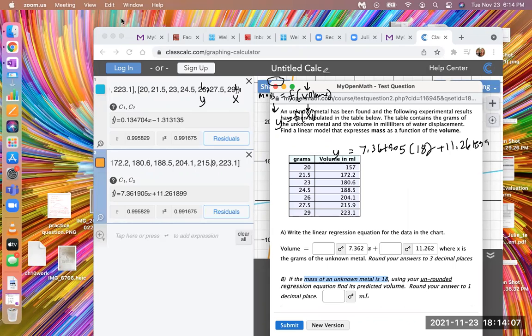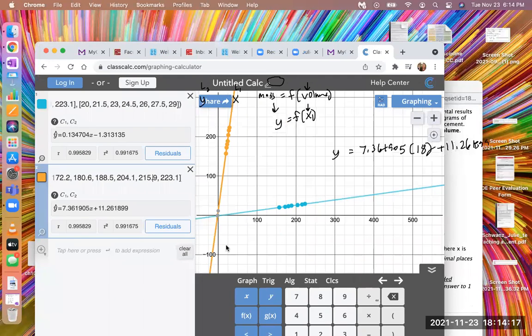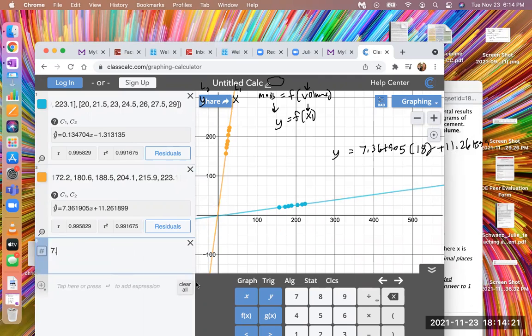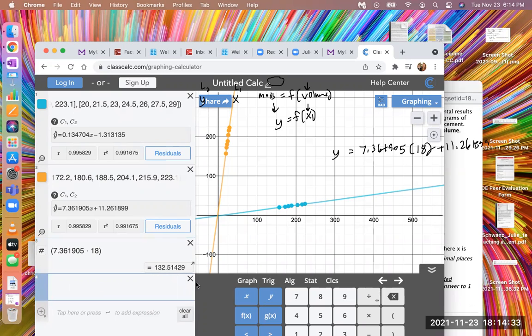So let's get the class calculator to do this for us. Oh, let's go down here. 7.361905 times 18. Sometimes I just press enter and be done with that.